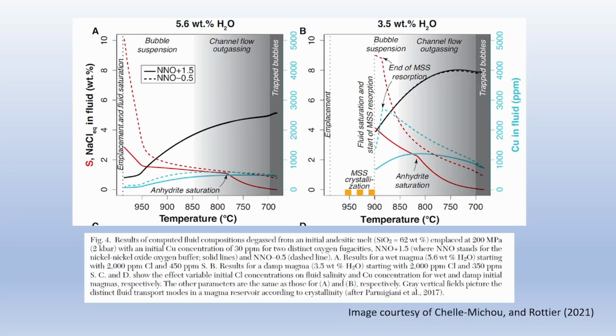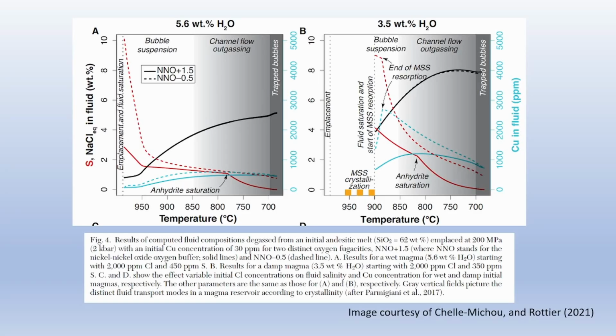So here's the takeaway. Wet magmas degas early and continuously, but may lose some copper unless conditions are just right. Drier magmas delay degassing, but thanks to the MSS resorption process, they can supercharge copper mobility later in the game.